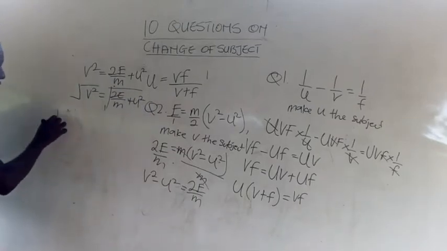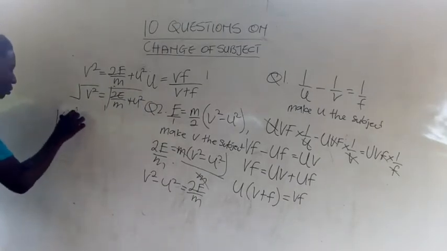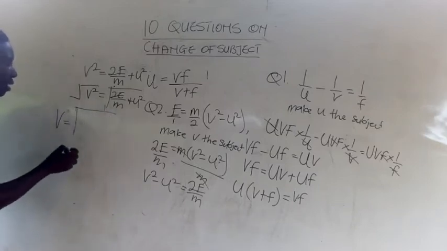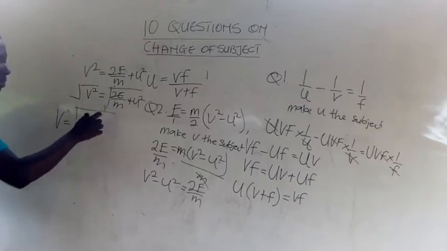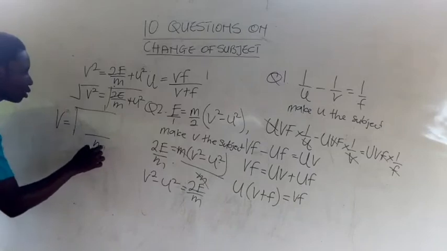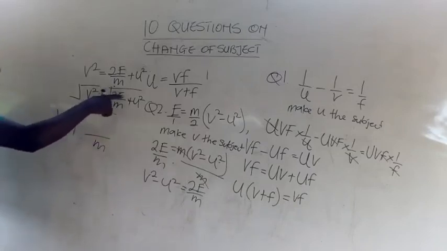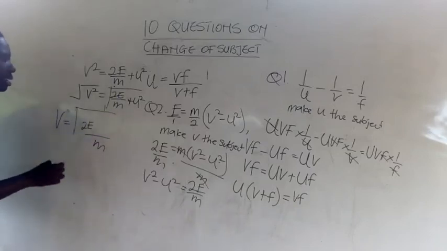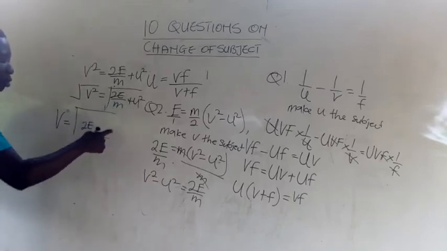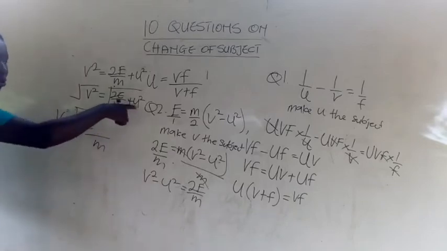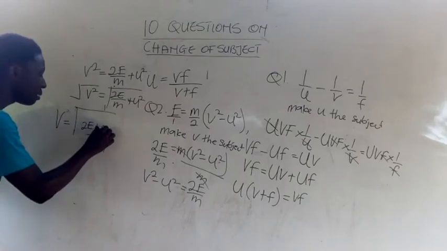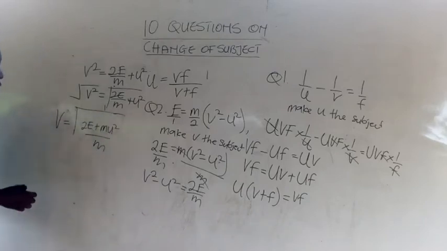So I'm going to get v is equal to the square root of, so we are going to find the LCM here, which is m. So m goes into m 1 times 2e, 2e, and then 1 goes into m times u squared. I'm going to get plus m u squared. And that is all for v.